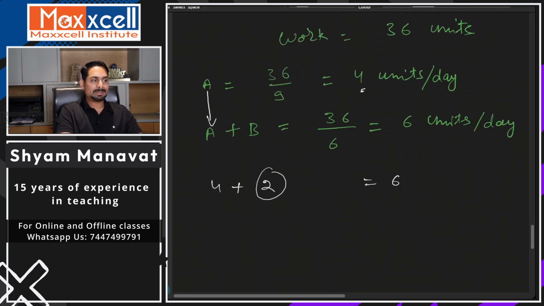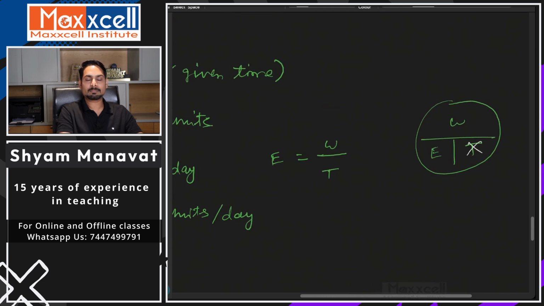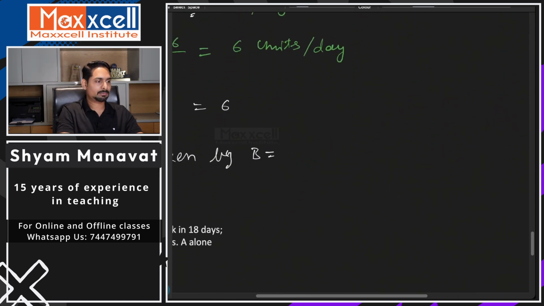Now if B's efficiency is 2, we need to find the time taken by B. That should be work upon efficiency. If I need to find the time taken by B, I cancel time, so what do I have? Work upon efficiency. That's how you can remember.